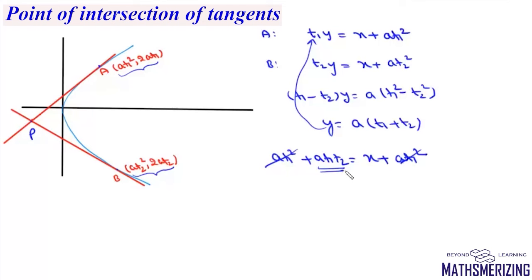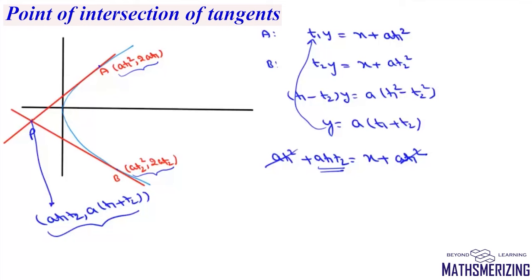So suppose we draw two tangents at points A and B, and they intersect at this point P. Then the result is that this point of intersection is given by (a t1 t2, a (t1 plus t2)). It's a very important result which is used in locus problems. There will be many questions where we need to find the locus of this point of intersection.